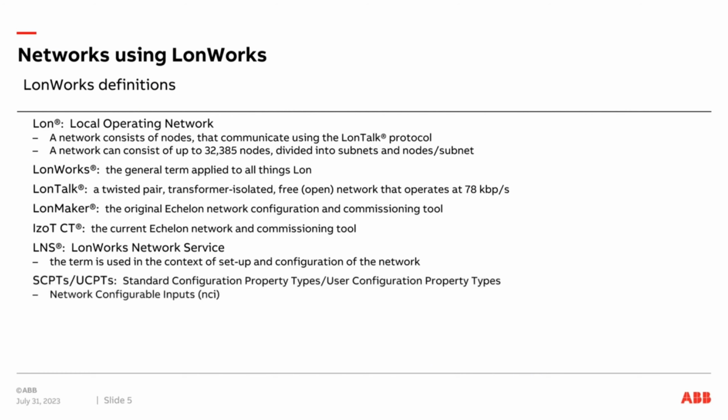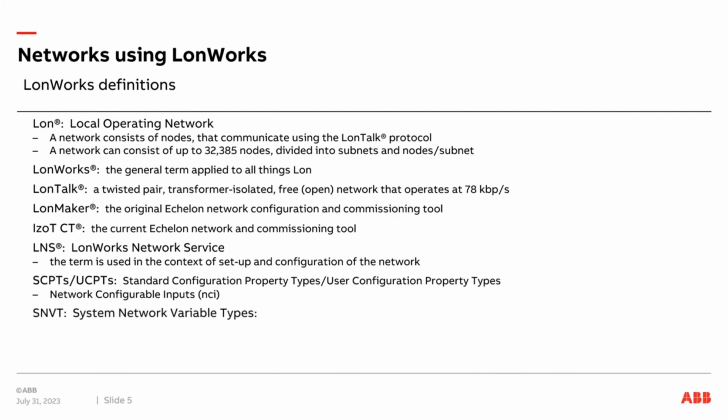The next couple of definitions I'm not going to go through in a lot of detail because they begin the definition of different variables. The important part is that the first definition is for network configurable inputs, and we will cover that shortly, and we call them NCIs.